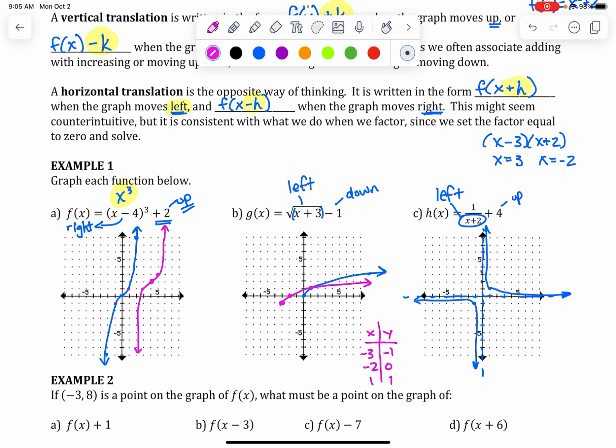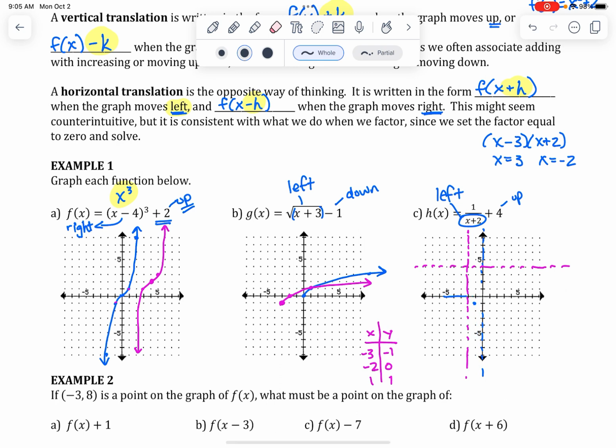So that asymptote horizontally is going to move up to 4, and the vertical asymptote is going to move to the left 2. Now this gets really confusing to see because you've got 2 graphs there, but maybe I'll take away the blue graph, and then you can have what's left being the pink graph, and that's your transformed version, all right?